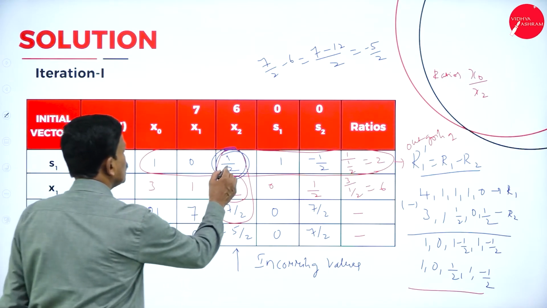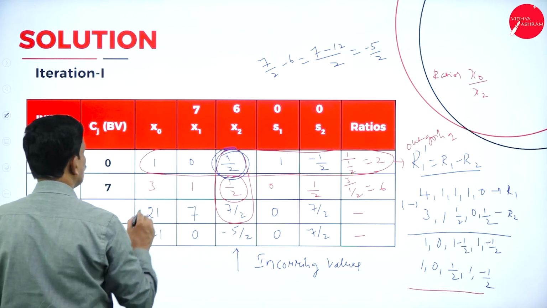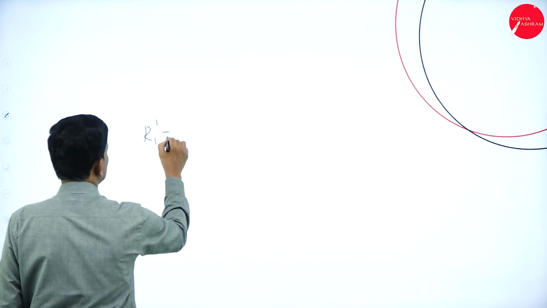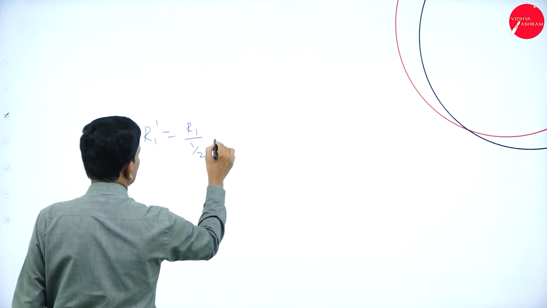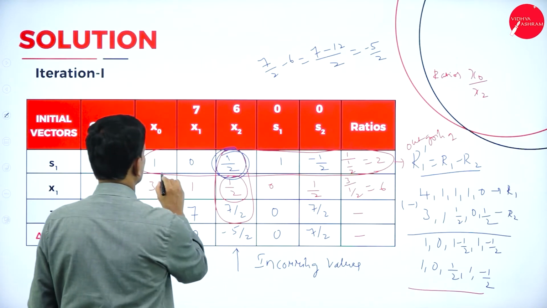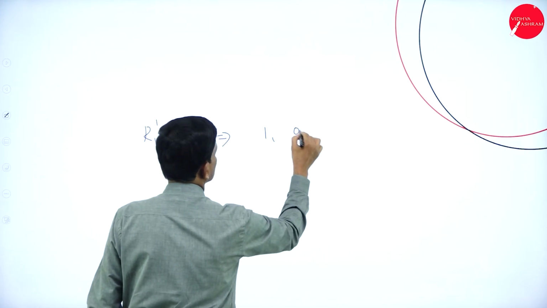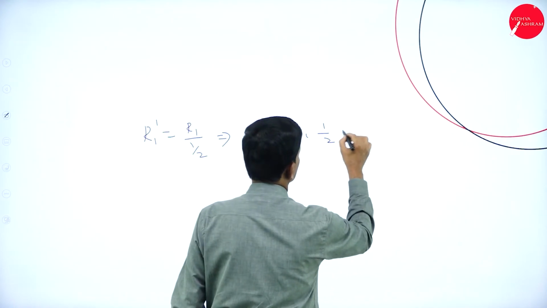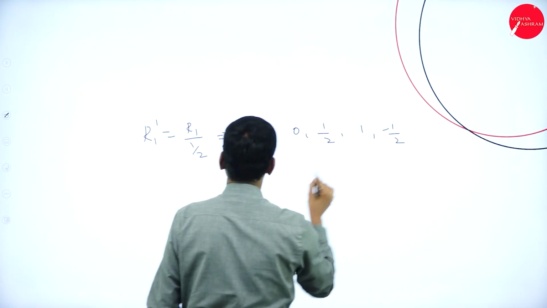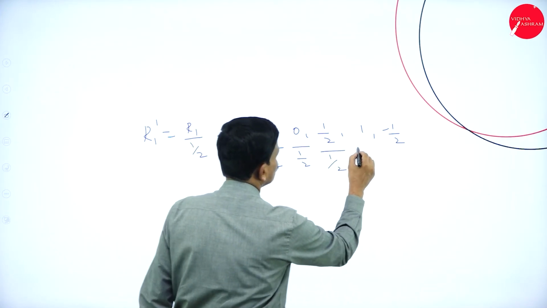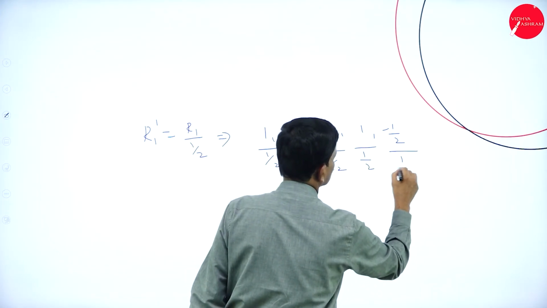Now let us convert this element as 1. So what are the elements of R1? New R1 is equal to R1 divided by 1 by 2. What are the elements of R1? R1 contains 1, 0, 1, 0, 1 by 2, 1 and minus 1 by 2, all divided by 1 by 2.